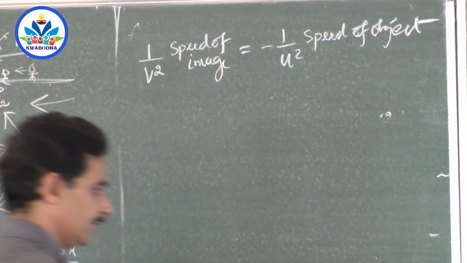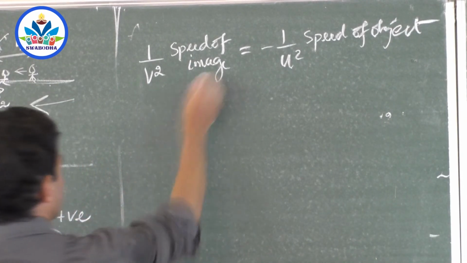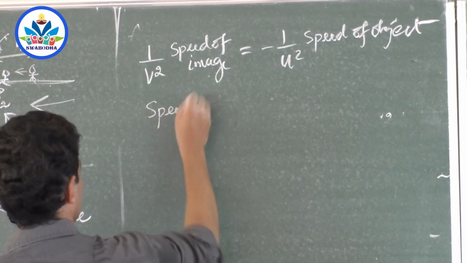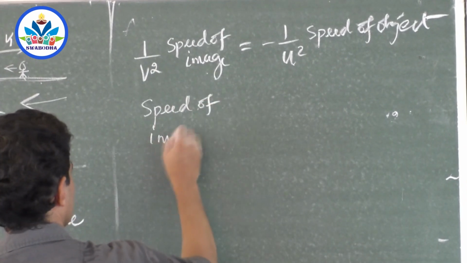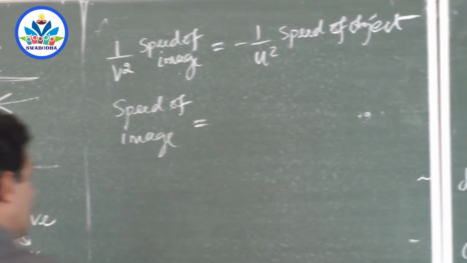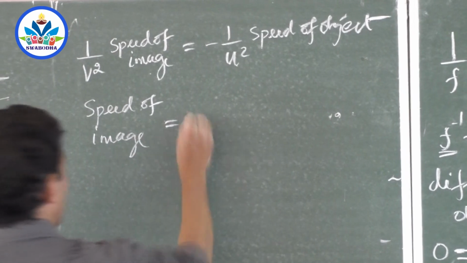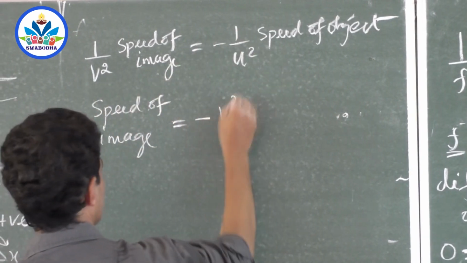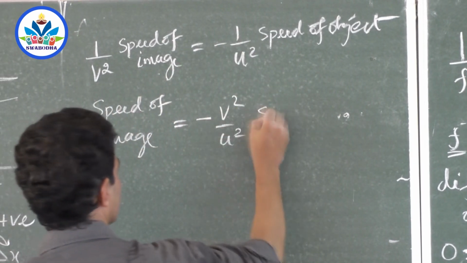Okay, now what is speed of image? That is our question. Speed of image is equal to minus, I will bring this here, v square by u square speed of object.